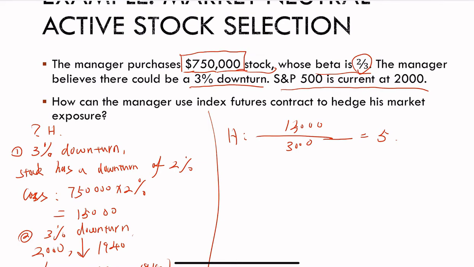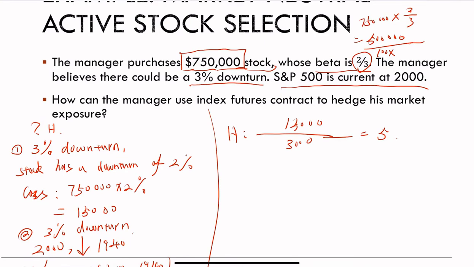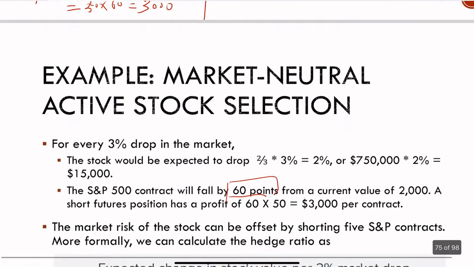Well, it should be 750,000 times 2/3, which is 500,000. And then you can see that per contract represents 50 times 2000, which is 100,000. So this will give you 5. You can quickly find out you will use 5 futures contracts.